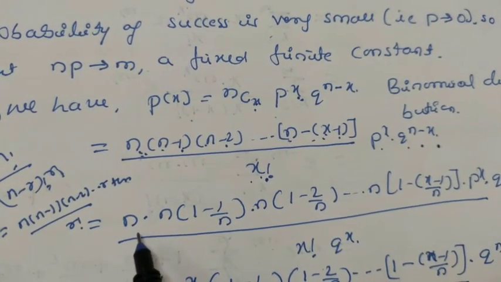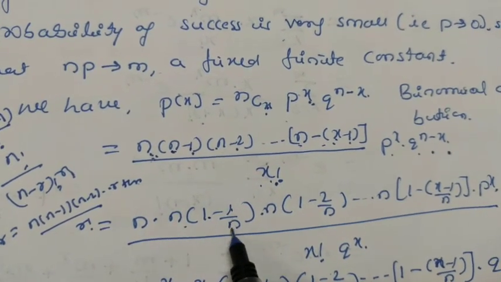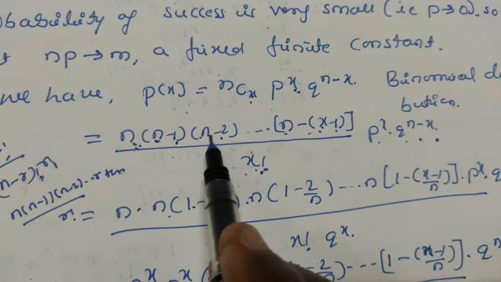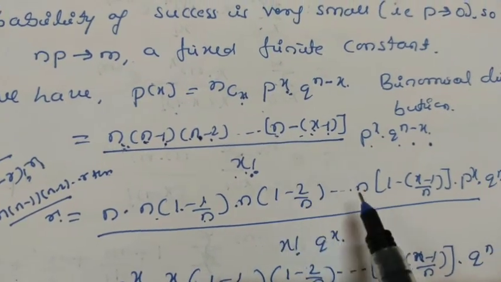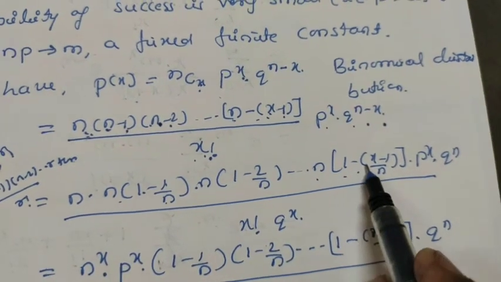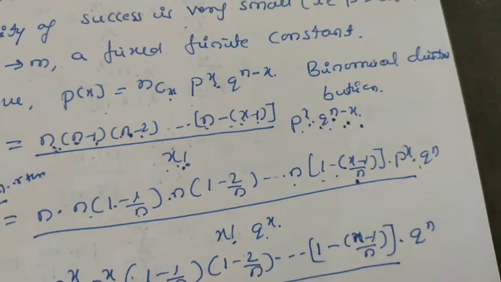So it is equal to, take n common here, it is 1 minus 1 by n, and in the second bracket also take n common, it is 1 minus 2 by n, etc. In the last bracket also take n common, so 1 minus x minus 1 divided by n remains, and this p of x into q raised to n.